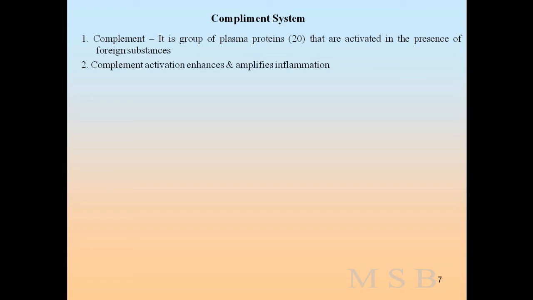Complement activation enhances and amplifies inflammation. Bacteria and some other cells are lysed by complement activation. The basic mechanism of activation of the complement system is as follows. Whenever any pathogen enters our body, it gets recognized by antibodies which are present in our blood.